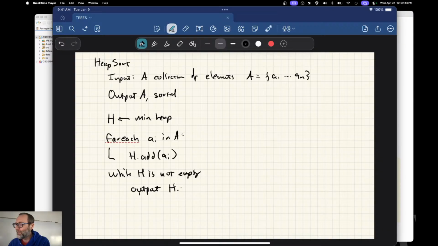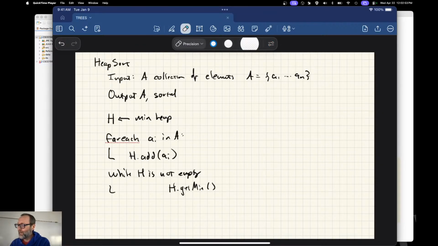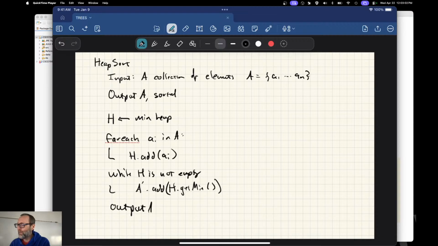Remove, get min, what we'll call it. There we go. And maybe not output, but let's say A prime dot add whatever's next, and then we'll output A prime here. A prime could be just an empty list. There we go.